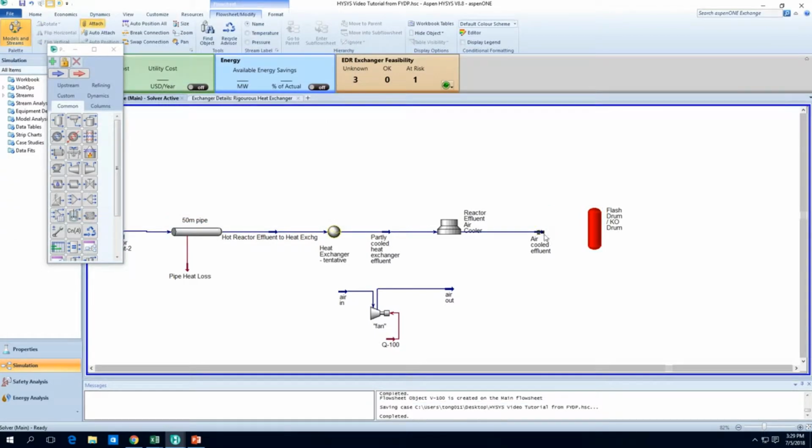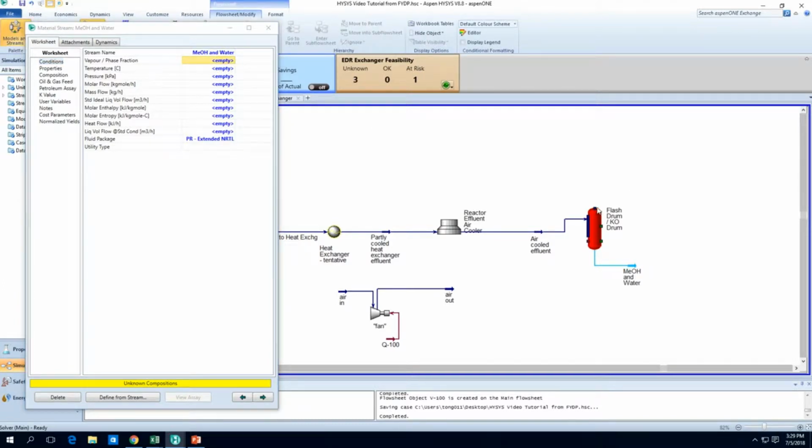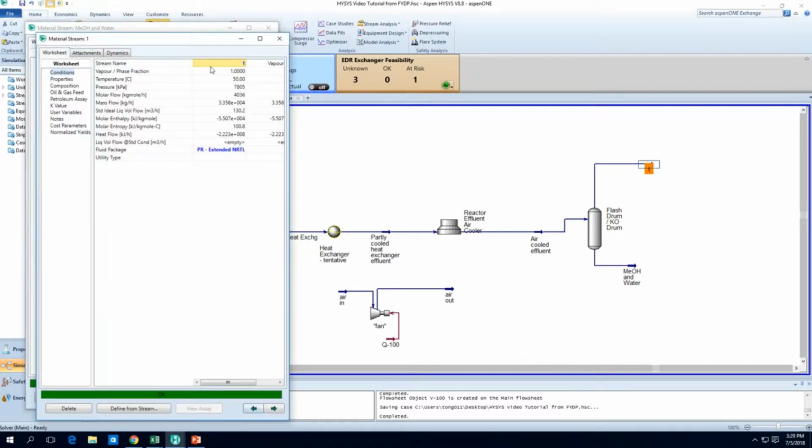So let's take the effluent and separate the vapor from the liquid. I put the liquid as the methanol and water mixture. And of course I will put the gas mixture as the gas effluent or gas recycle.